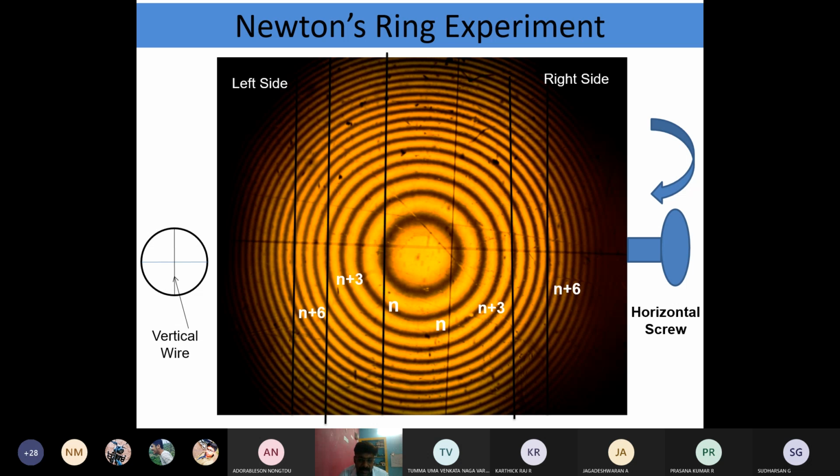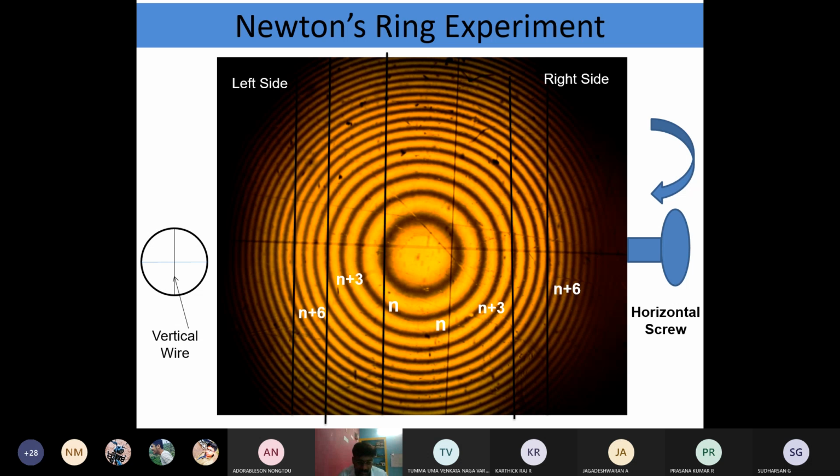Make the vertical wire be at the right hand side of the first ring. Consider this as n. Then go for the third reading. Consider this as n plus 3. Then go for another third reading. Consider this as n plus 6. In a similar way, we have to go up to n plus 15 or n plus 18. It depends on the examiner. So this is the procedure.